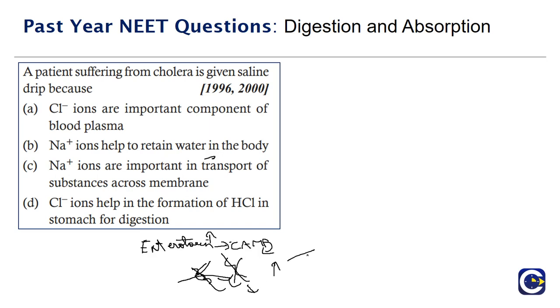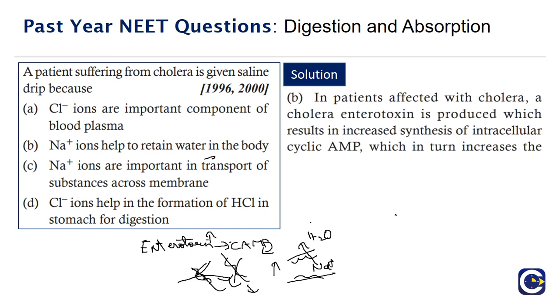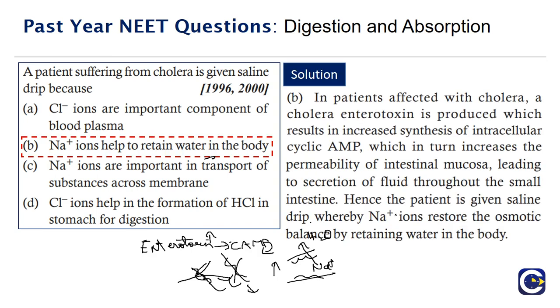To tackle this, we supplement with IV Na+. The Na+ helps in transportation of water across the membrane into the body instead of out of the body. So this helps in tackling the dehydration. So Na+ ion helps to retain water in the body.